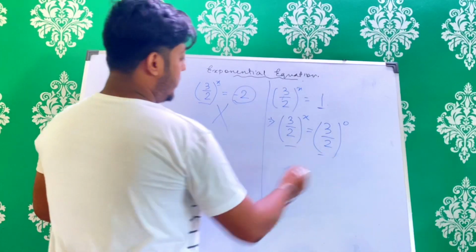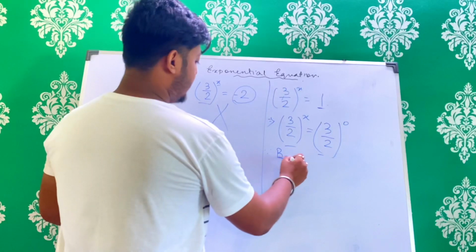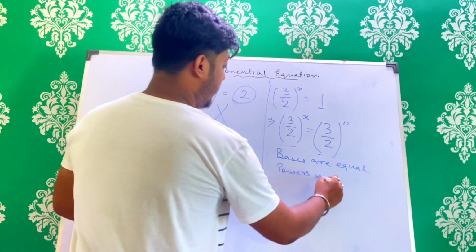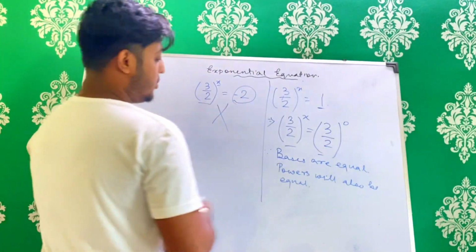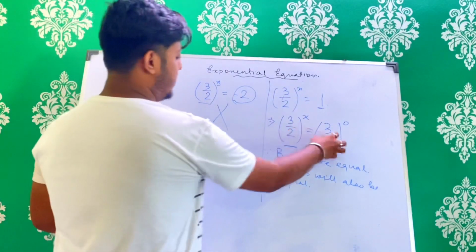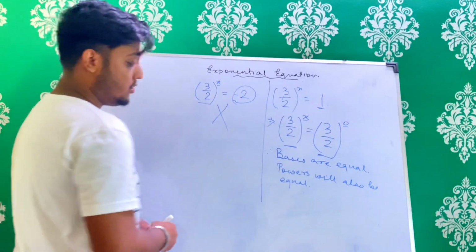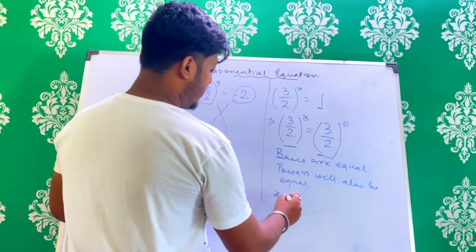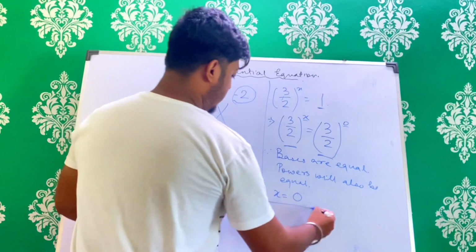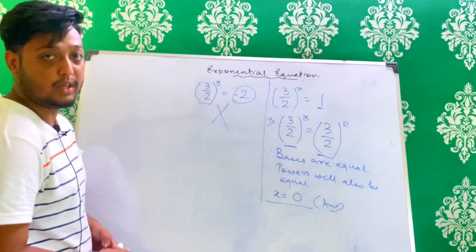From here, we know since bases are equal, powers will also be equal, right? So since 3 by 2 and 3 by 2 are equal and these two terms are equal, we can say their powers are also equal. So from here we are getting x equals 0. This is our answer to the given question.